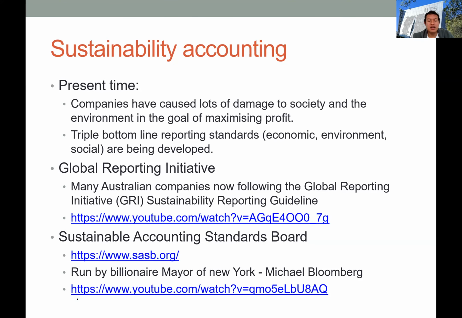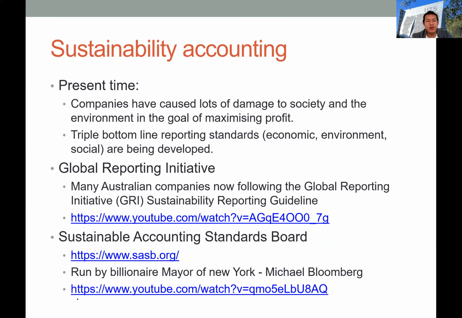Okay, the standard that we use to prepare this new integrated report is the standard developed by the GRI, the Global Reporting Initiative. The GRI tried to compile the existing standards which give guidance on social and environmental reporting into one single standard, which is very comprehensive.